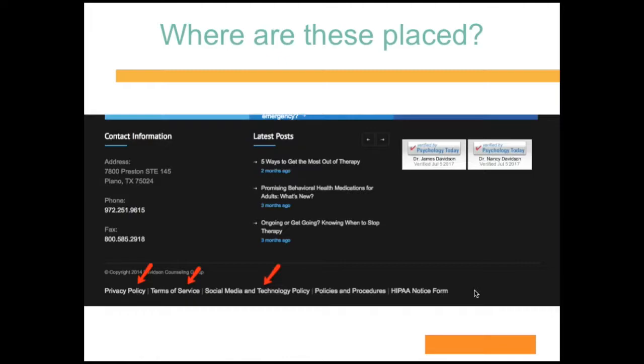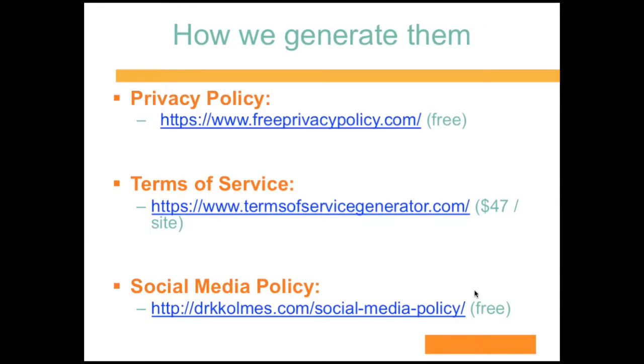So here's a footer of one of our clients, and at the bottom there's the privacy policy, terms of service, social media, and technology policy. That's what he calls it. So they're typically in the footer.